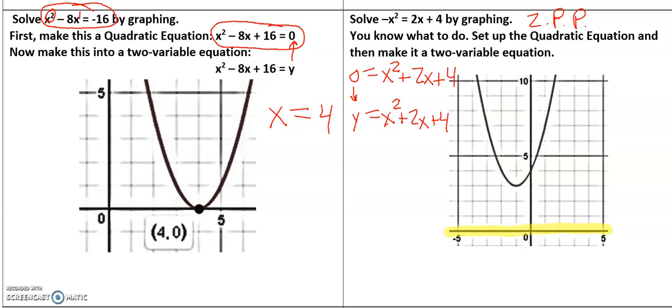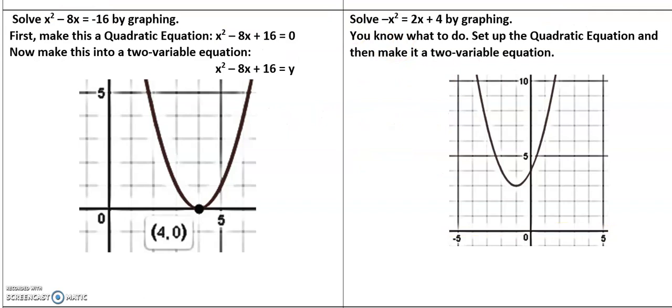So that means what? There's no solution. There's no solution to the original equation because this graph does not even touch the x-axis. It does not intersect it. So this equation has no real number solution. It has imaginary number solutions, as we've talked about with the complex number system, but there's no real solution.